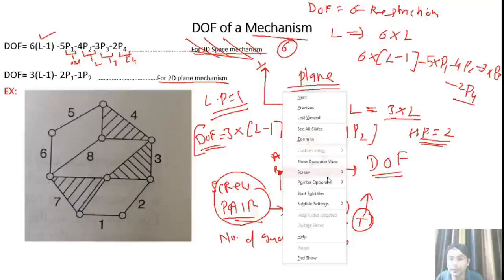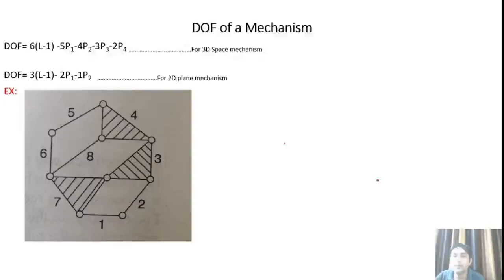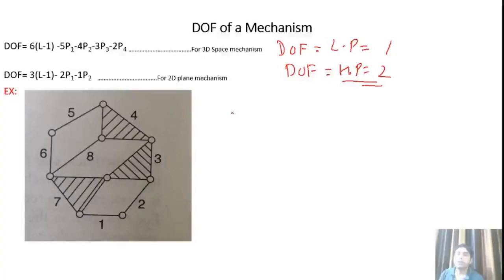So you need to remember degree of freedom. The degree of freedom of a lower pair is always equal to 1, whereas the degree of freedom of a higher pair is equal to 2. Now, my dear, can I modify these equations like this?